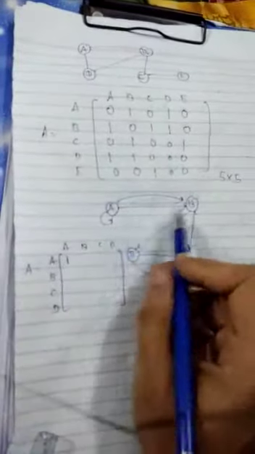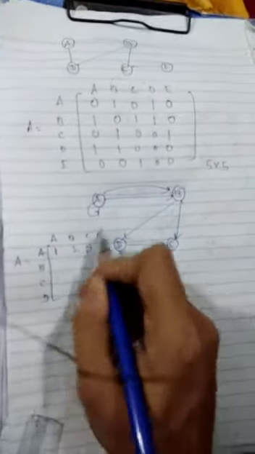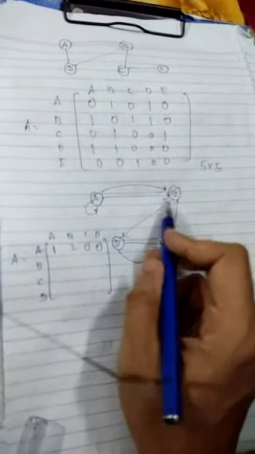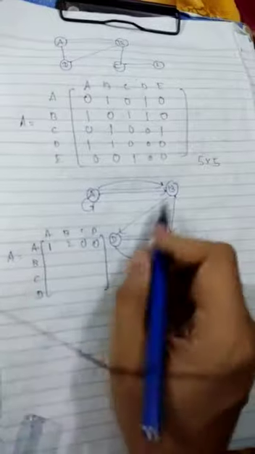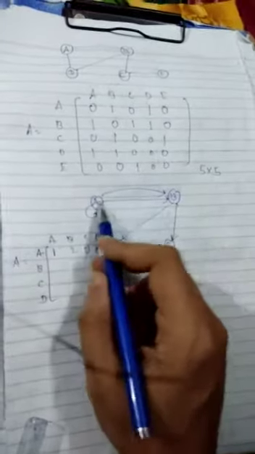From A to B, see, 2 parallel edges are there, so I am writing here 2. From A to C no edges are there, 0. A to D no edges are there, 0. Now first check B to A. B to A no edges are there, because these are directed A to B, so B to A is 0.